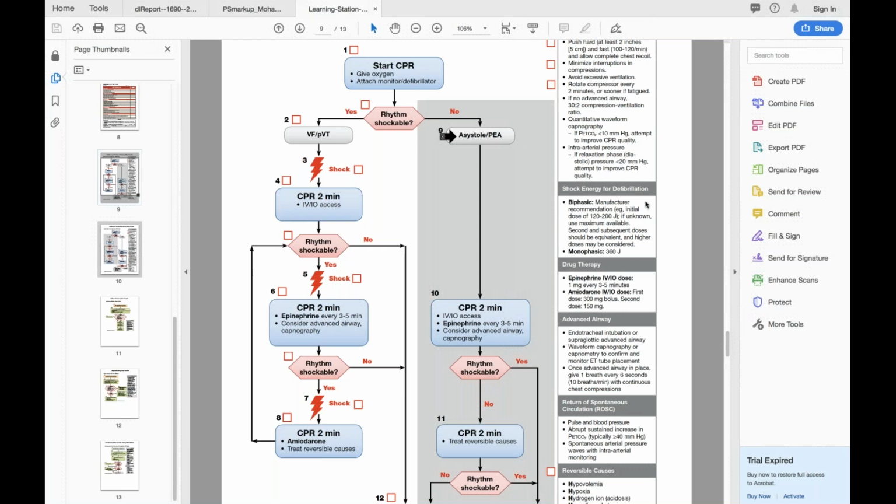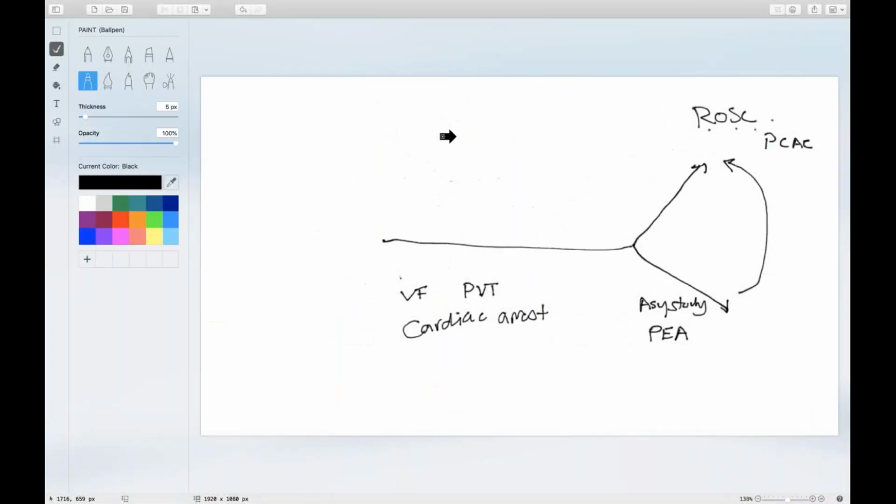Let me go back to them. Okay, so this is VF, pulseless VTach, and asystole or PEA.